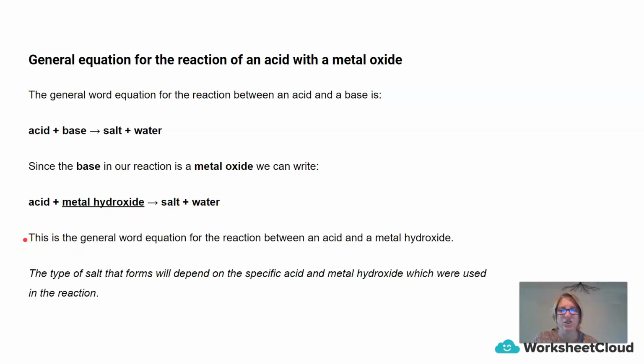So this is the general word equation for the reaction between an acid and a metal hydroxide. If we look at the salt, the type of salt that forms will depend specifically on the metal in the metal hydroxide that we used for this reaction.